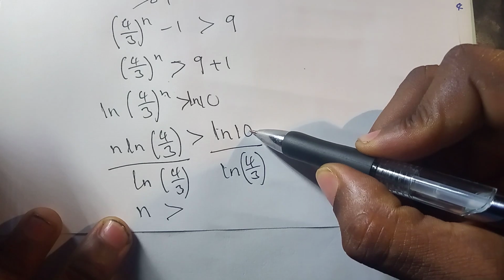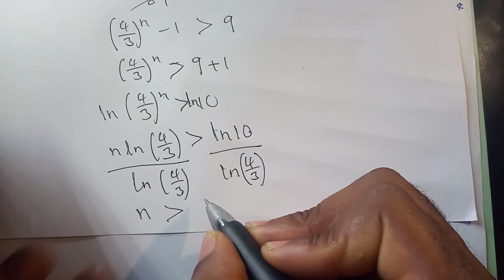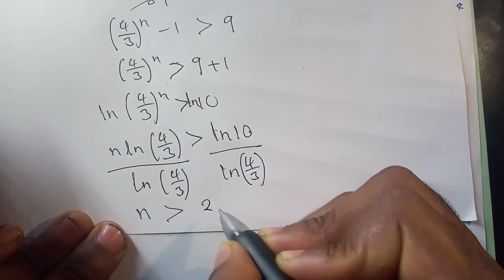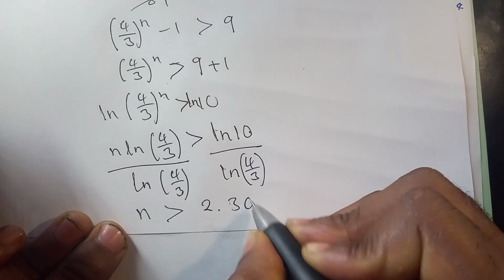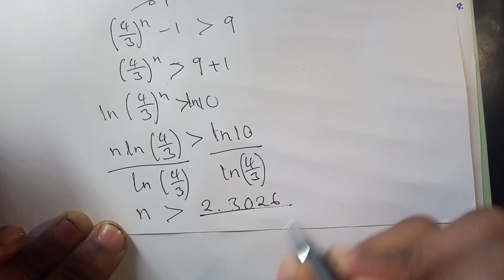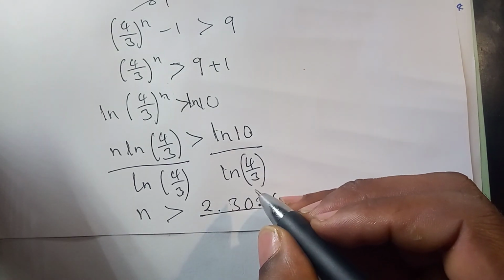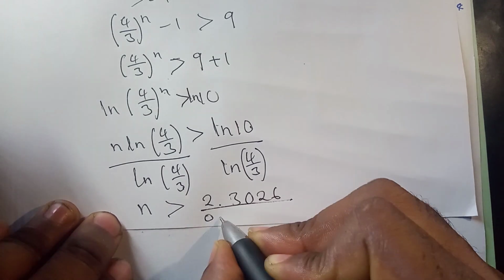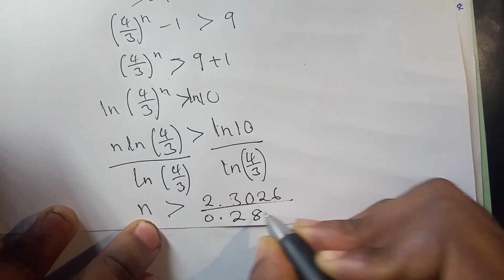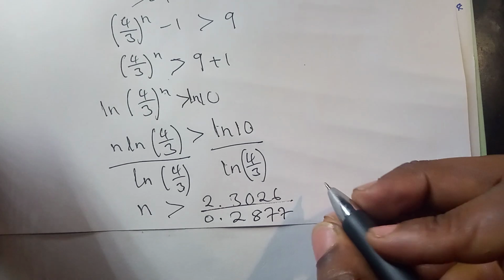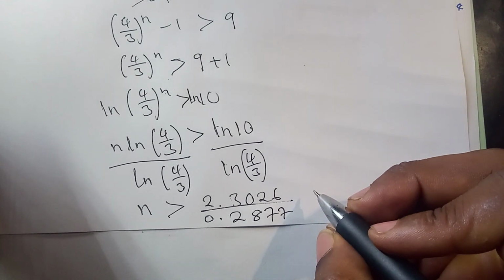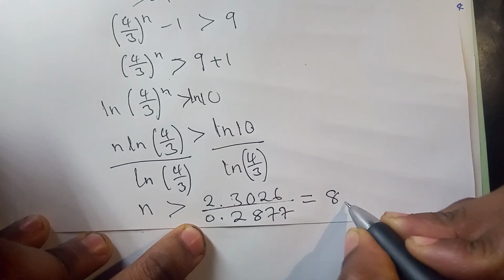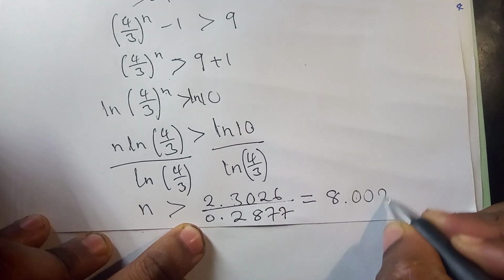On mine, this is 2.3026, and then for the denominator we have 0.2877, and then the quotient is 8.002.